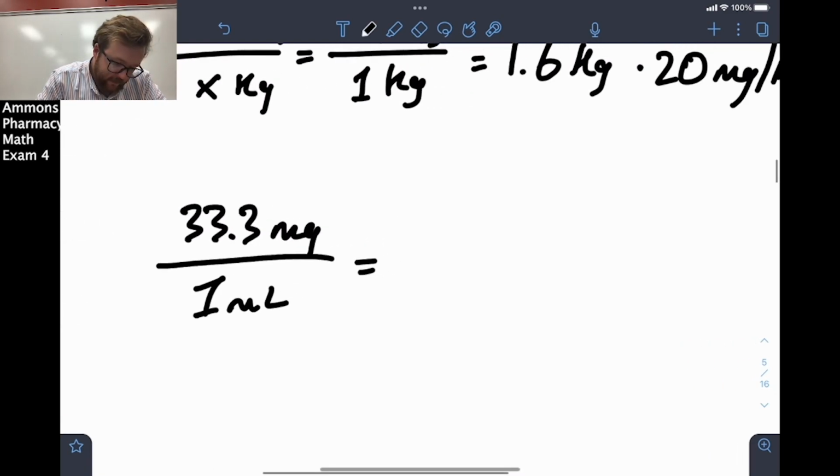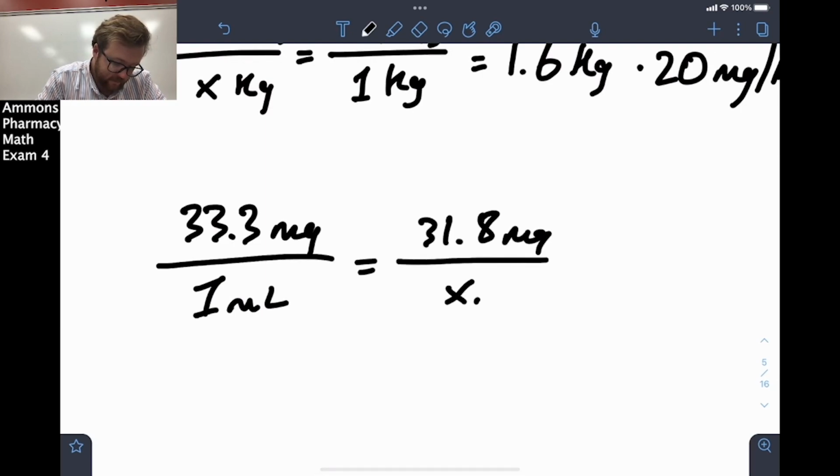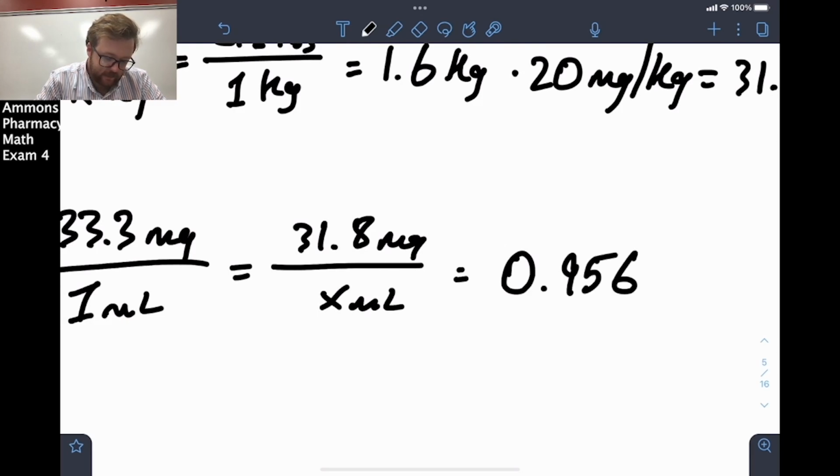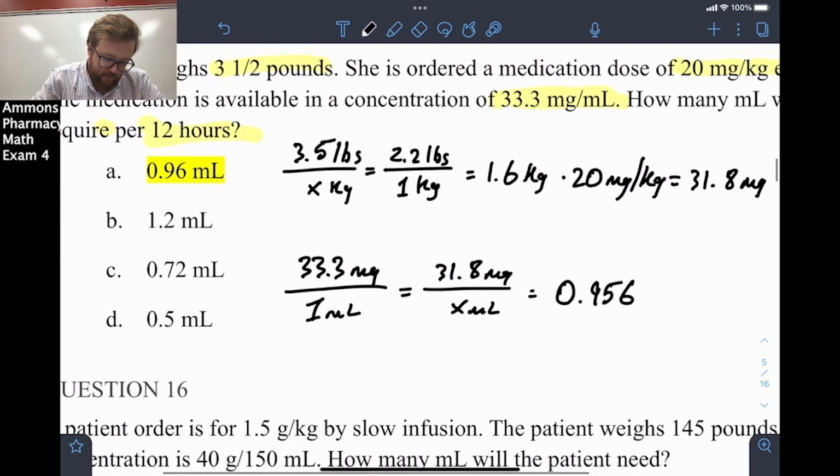And how many do we need to get this patient? We need to give him 31.8 milligrams. So that divided by 33.3 is 0.956 mils.